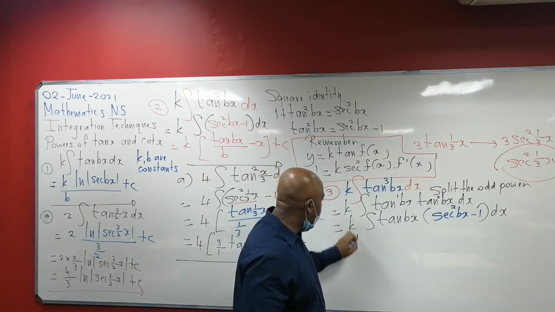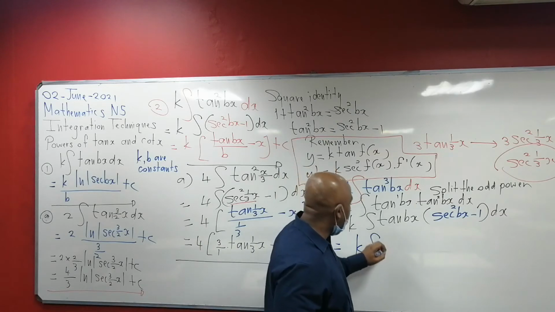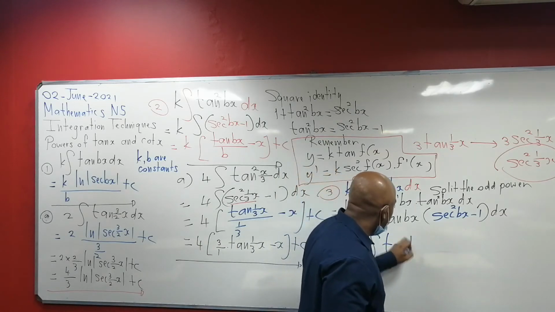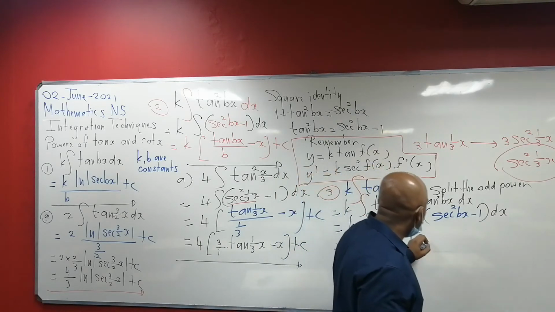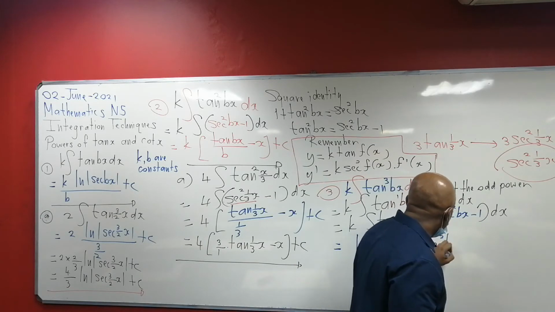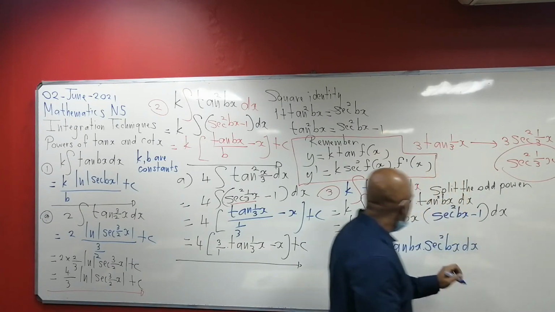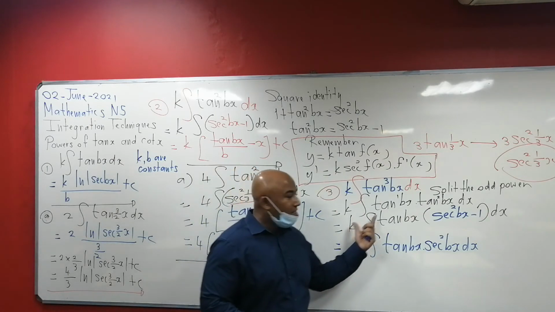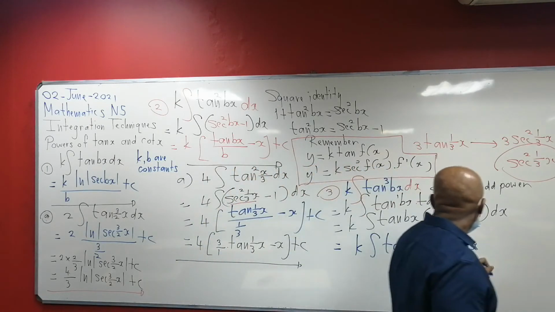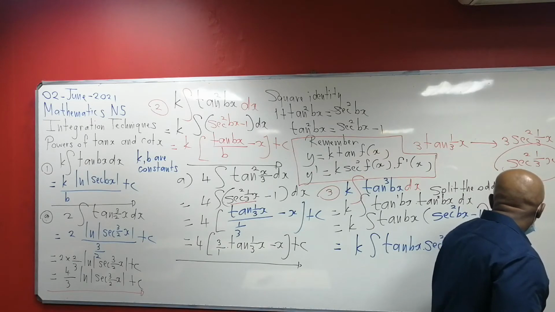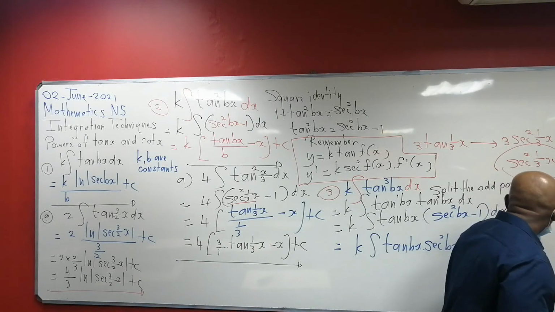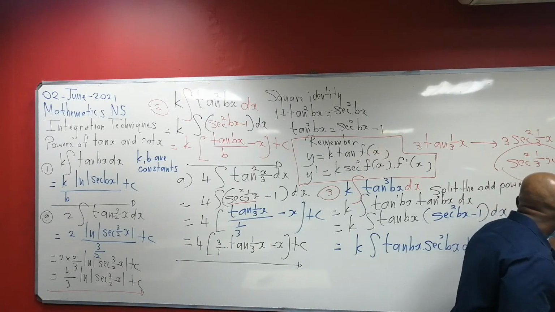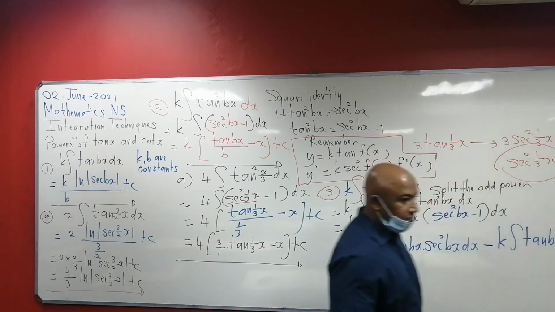So now I got my k, the integral of tan bx times sec squared bx dx. So that's my term 1. And then k tan bx times negative 1, which is going to be minus k integral of tan bx dx.